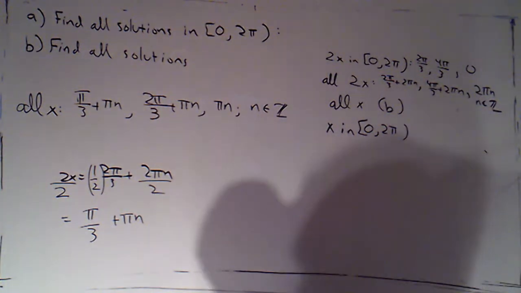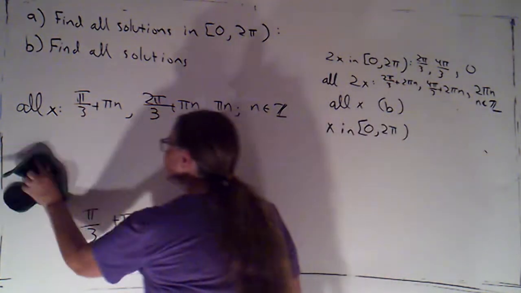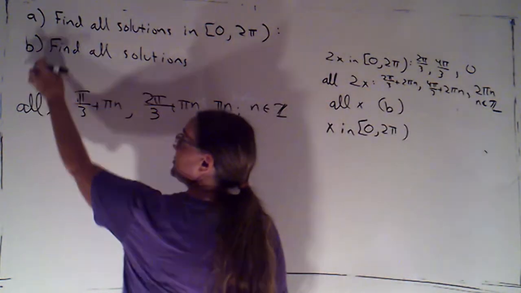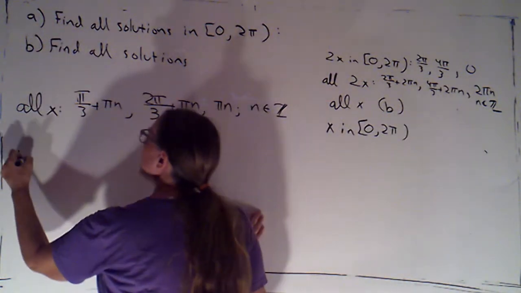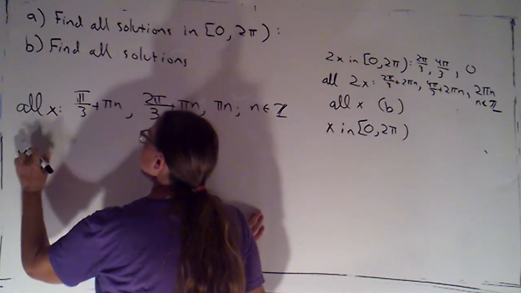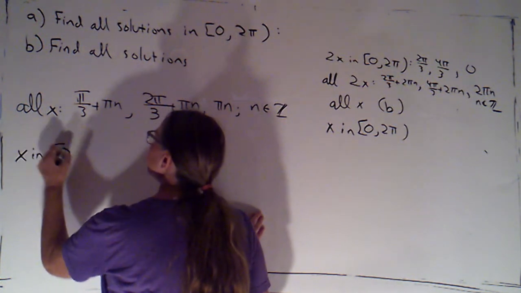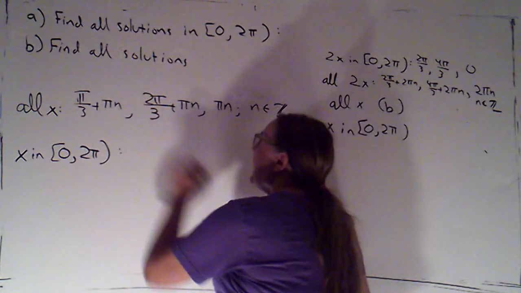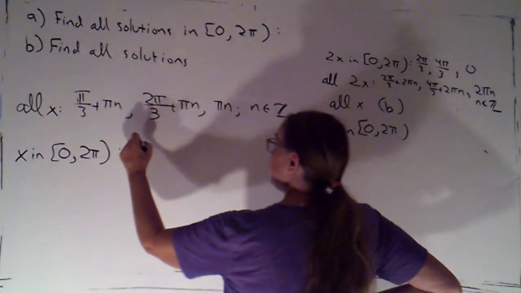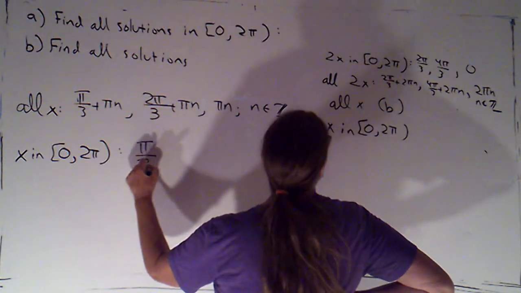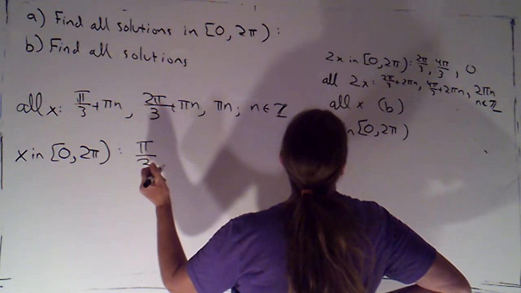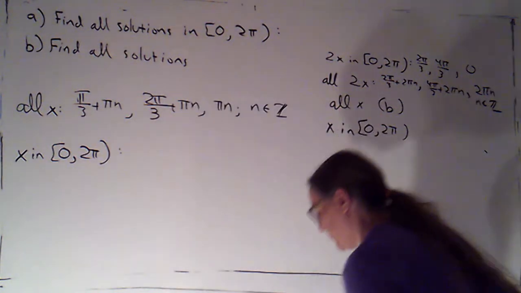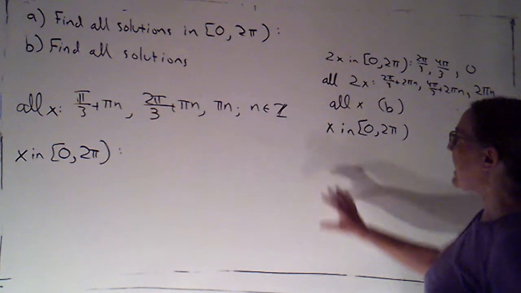Okay, fabulous. So this was essentially my answer to part B. Now I want x values in the interval from 0 to 2 pi. I'll list them as we come up with them.